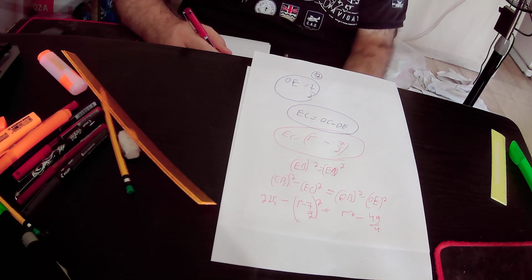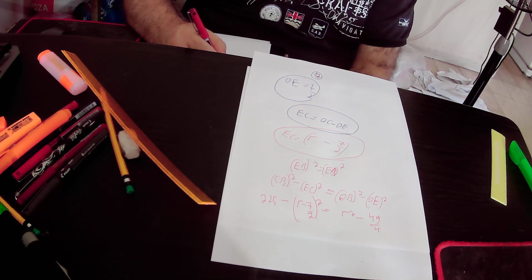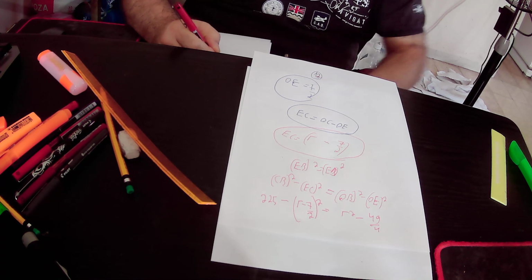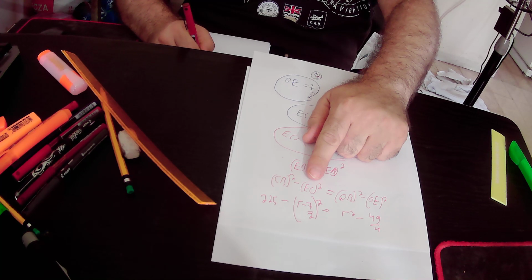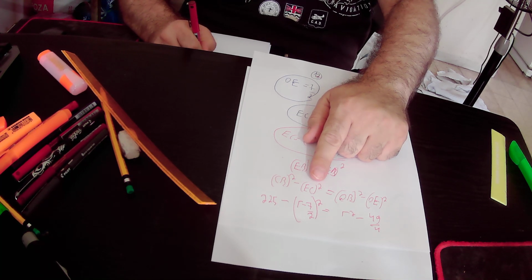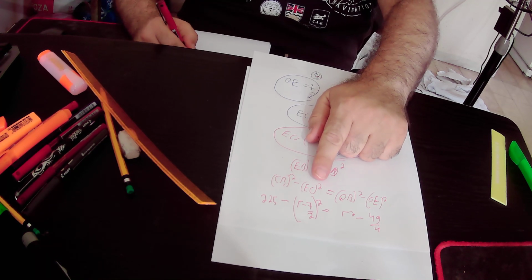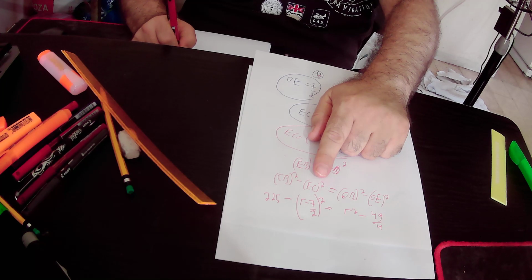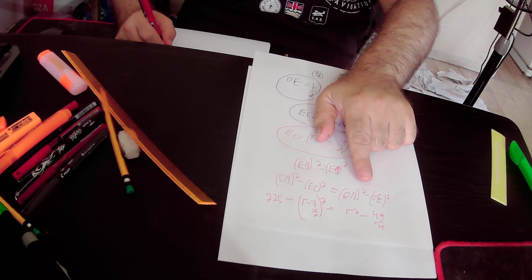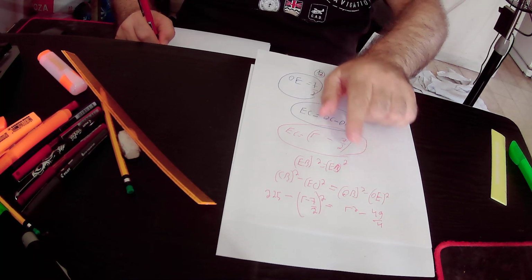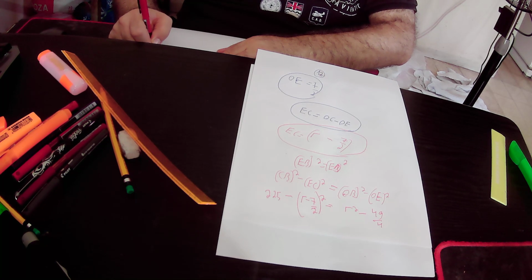In total we get 225 minus (R squared plus 49 over 4 minus 2 times R times 7 over 2) equals R squared minus 49 over 4.